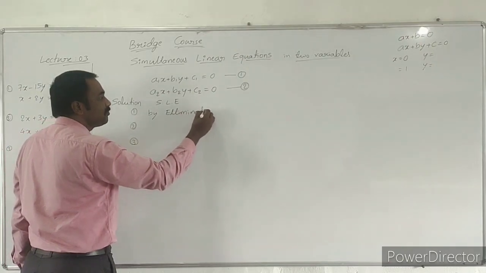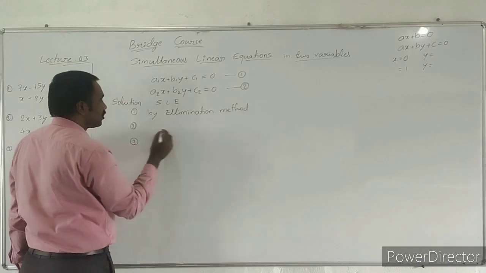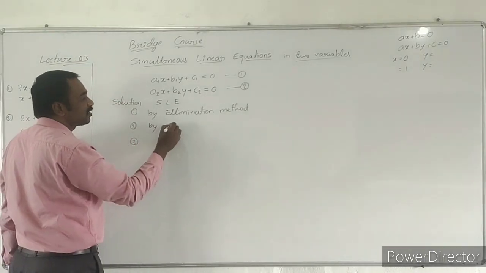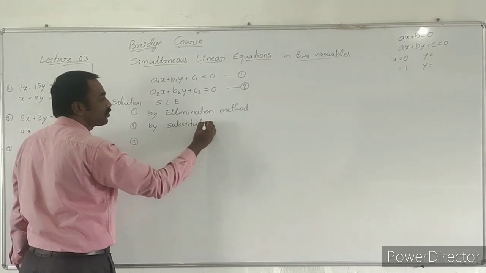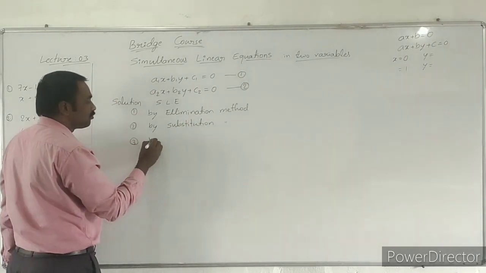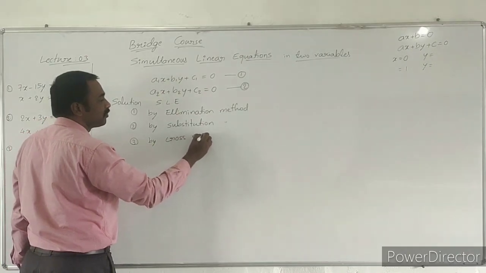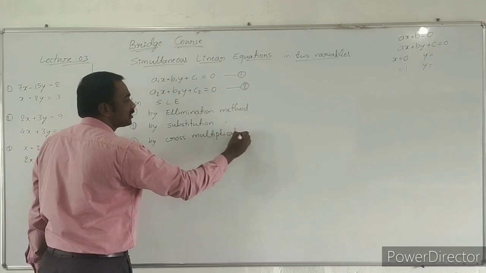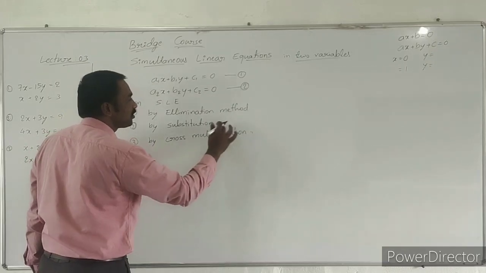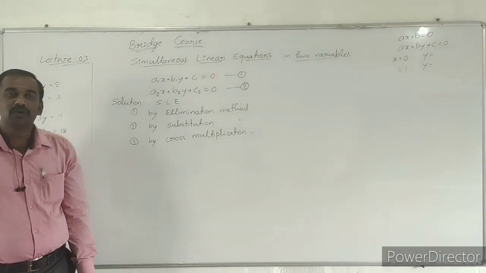By the substitution method, by the cross multiplication method. These are the three methods to solve the simultaneous linear equation involving the two variables.